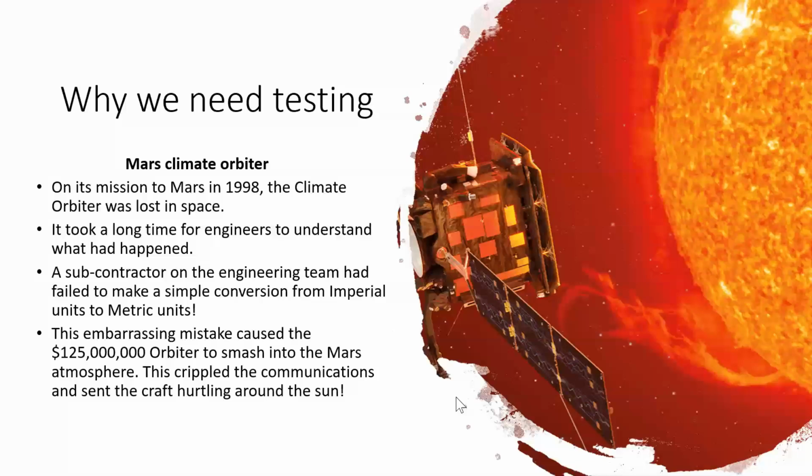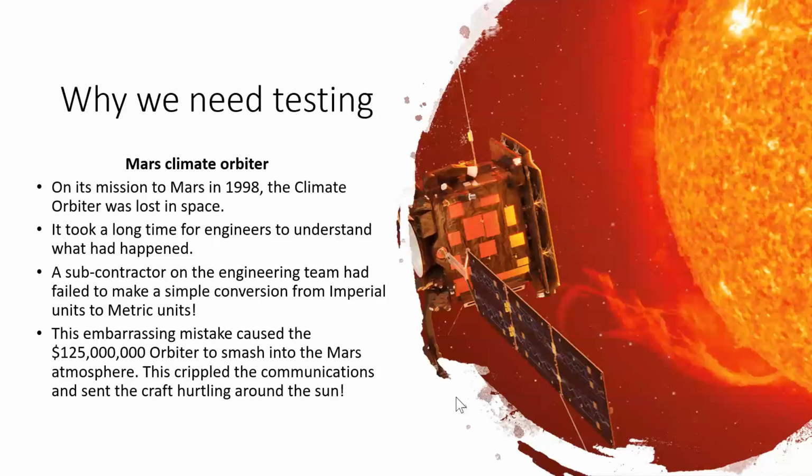Okay, so they forgot to convert, let's say, feet into kilometers or whatever. And this small, tiny mistake caused the 125 million orbiter to smash into the Mars atmosphere, and this crippled any and all communications that were sent from the orbiter, and actually caused the spacecraft to go hurtling around the sun.